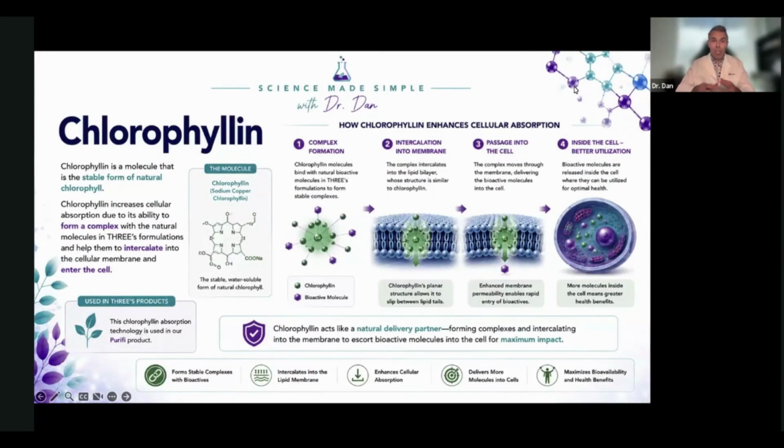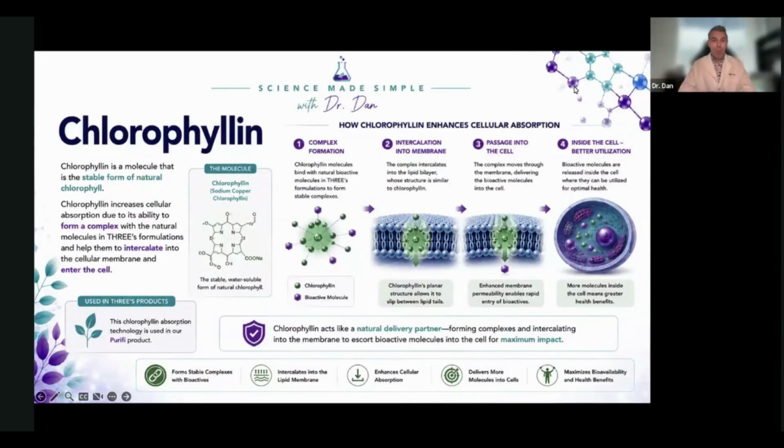And what chlorophyllin does, if you look at that molecular structure, you see those nitrogens there. Inside those nitrogens, that creates a ring where molecules can go in and actually complex. So they don't fit inside a bubble in this case. What they do is they bind to this molecule and form this connection. And because of this connection, chlorophyllin can go in.